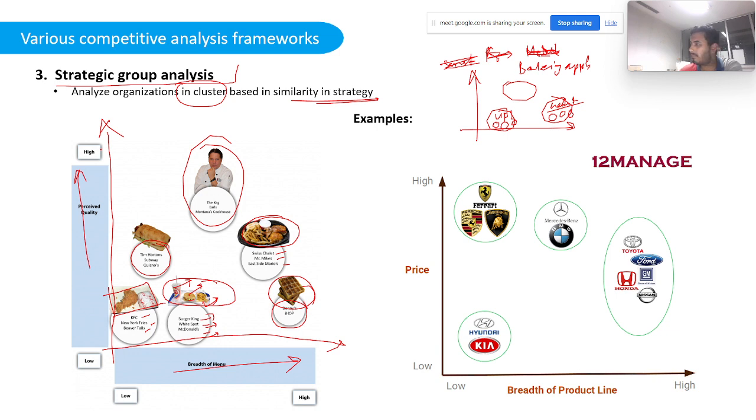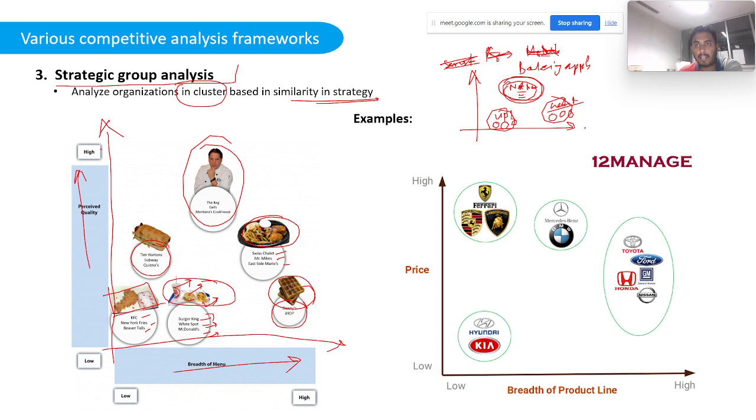Then you have different UPI applications. Then some allow you to do net banking. A lot of different banking options, so those also you can group.